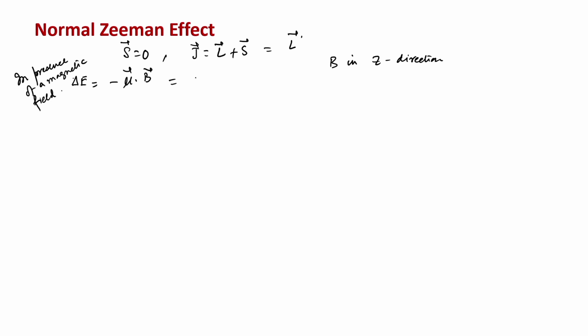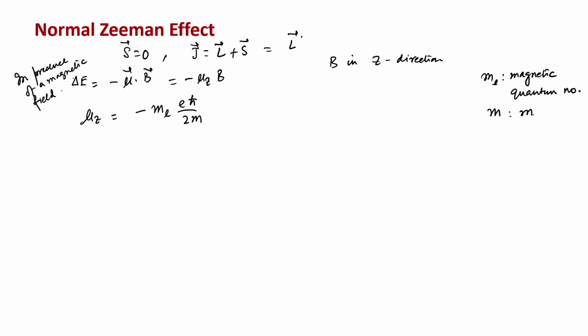Then the dot product will only involve mu Z and B, and this mu Z is nothing but equal to minus ML e h cross over 2m, where you should make a distinction: ml is the magnetic quantum number associated with the orbital angular momentum, and this m, when it's written alone, means the mass.